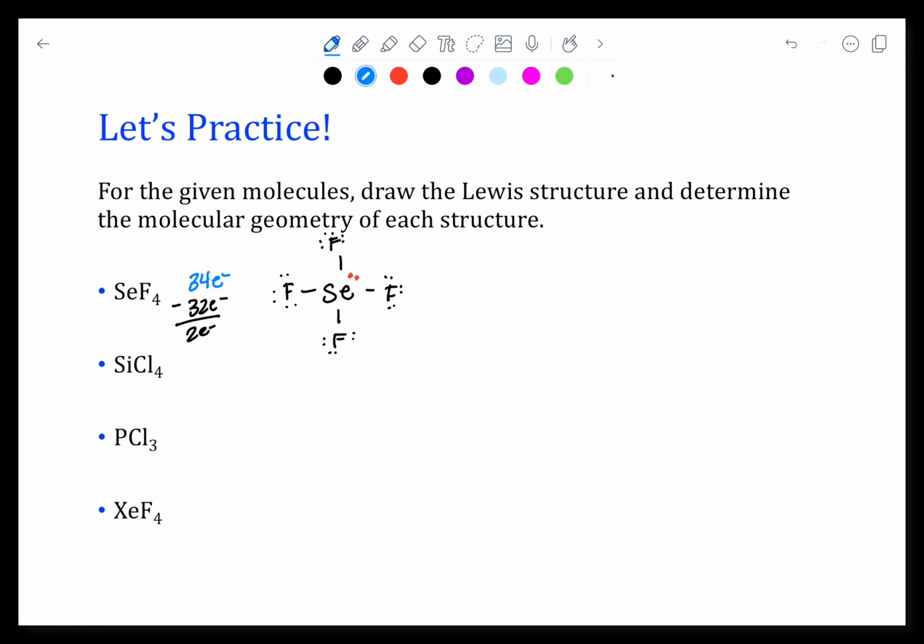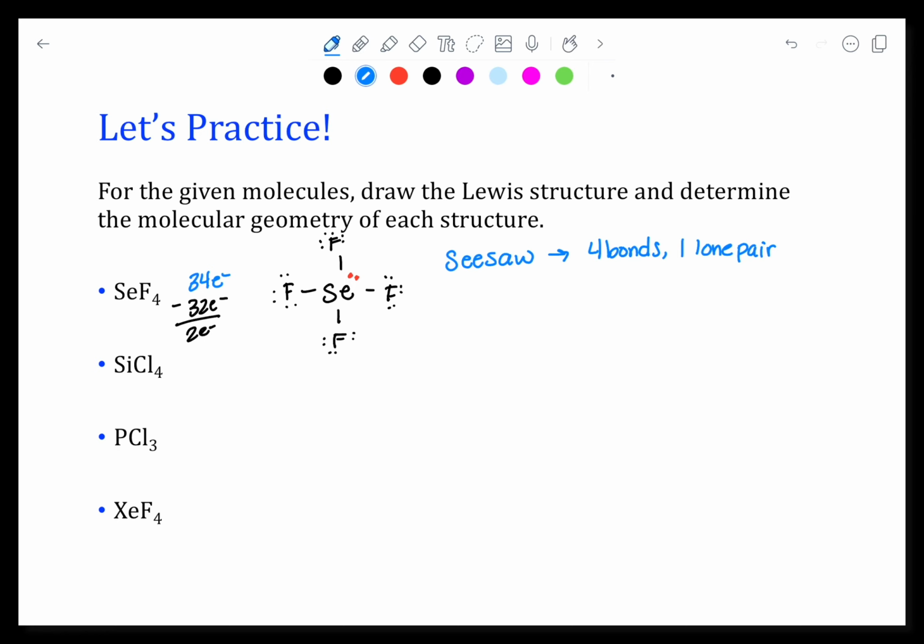So that means I have 5 electron domains, 4 are bonds, 1 is a lone pair, which corresponds to a seesaw geometry. Okay, so that's 4 bonds, 1 lone pair. That's a seesaw.